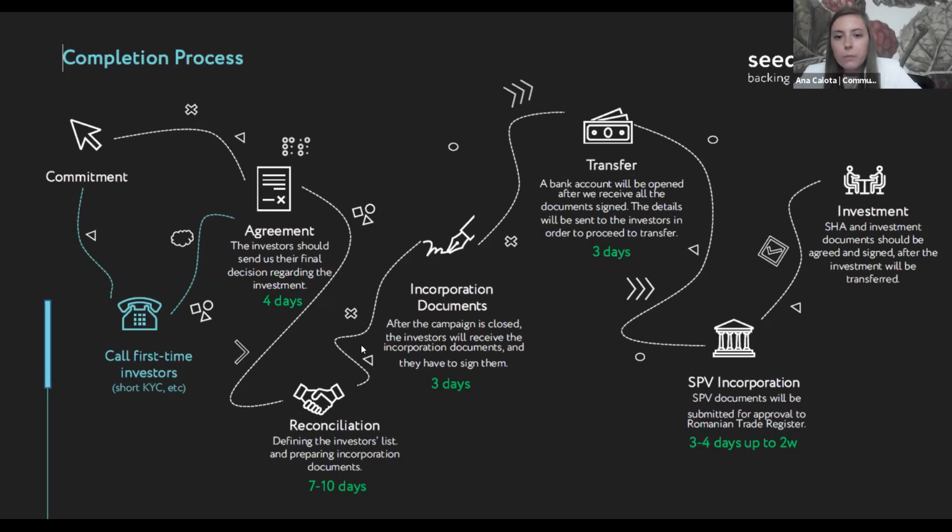So we recommend first-time investors to start with the minimum ticket and to analyze their decision of investing. We are publishing all the information needed from a company, from financials, business plan, pitch, in order to be able to take their own decision, or they can consult an investment consultant in this regard and take their own decisions.